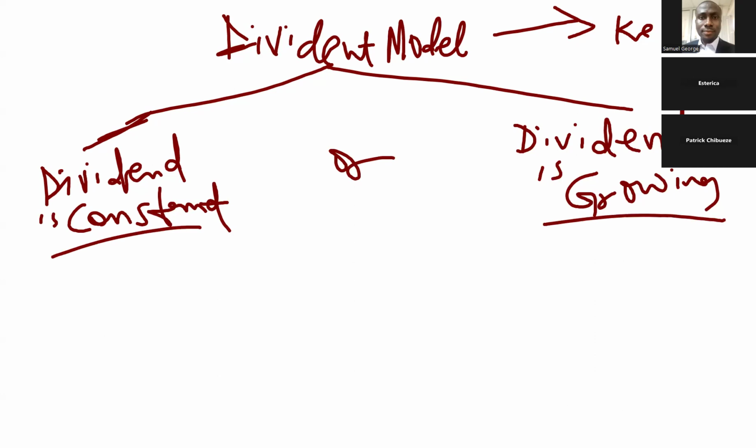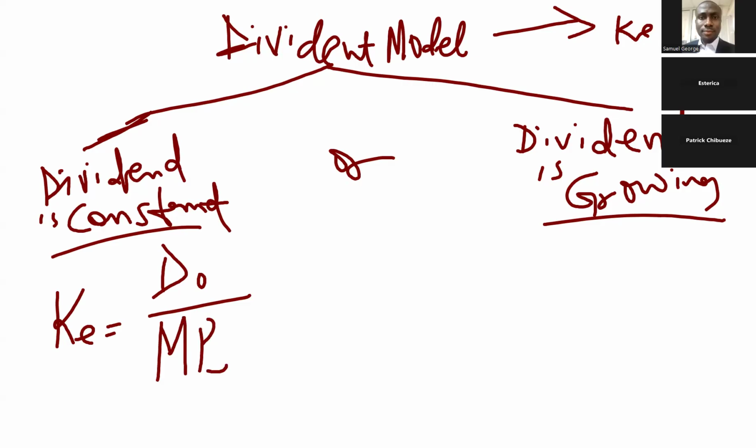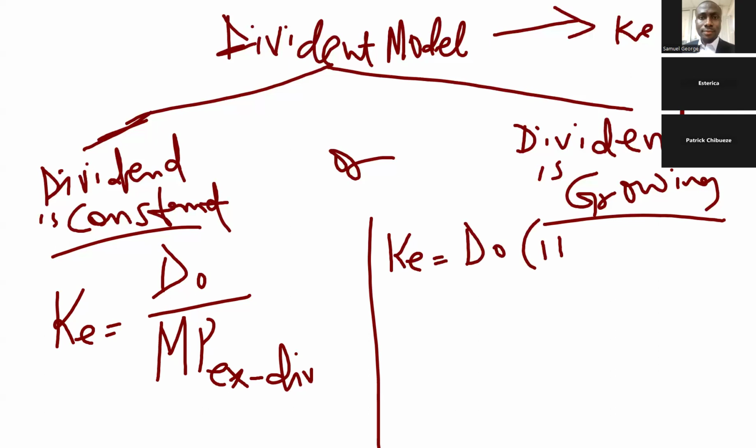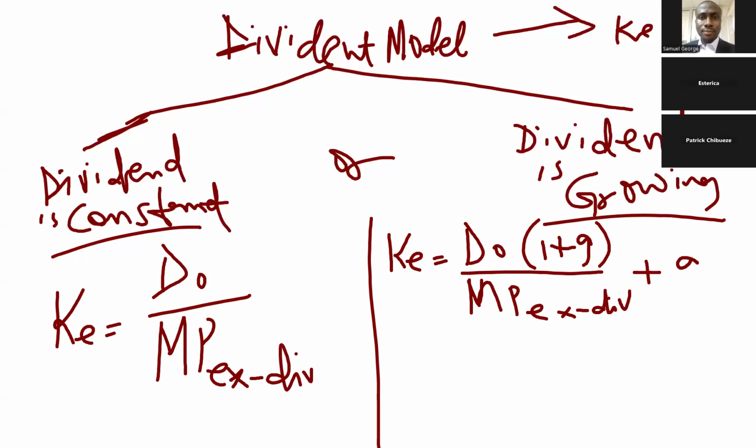If the dividend is constant, KE would be equal to dividend of year zero divided by market price ex-div. If dividend is growing, KE will be equal to dividend of year zero times 1 plus growth rate, divided by market price ex-div, plus growth rate.